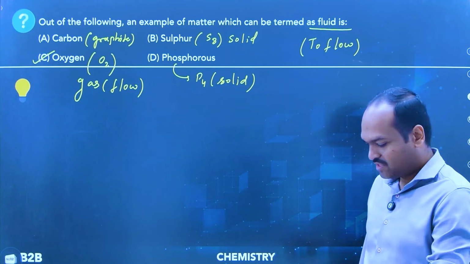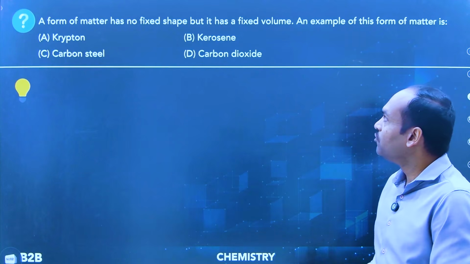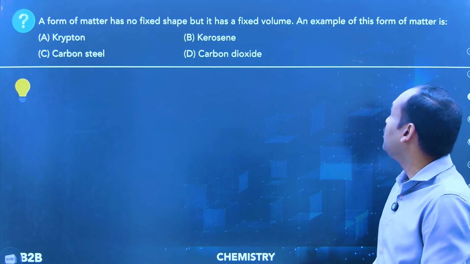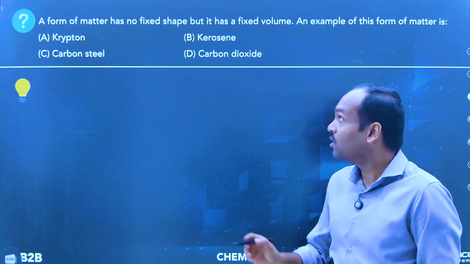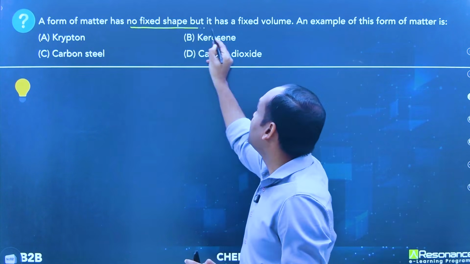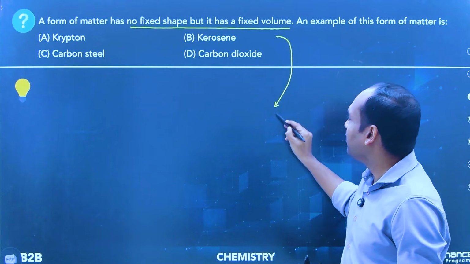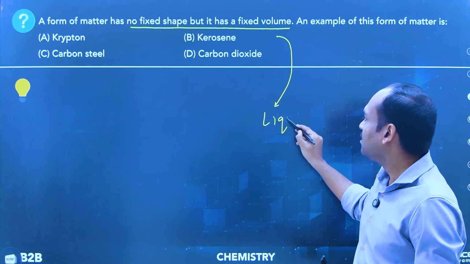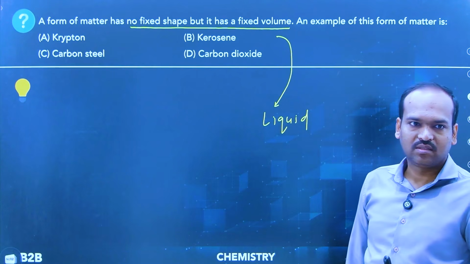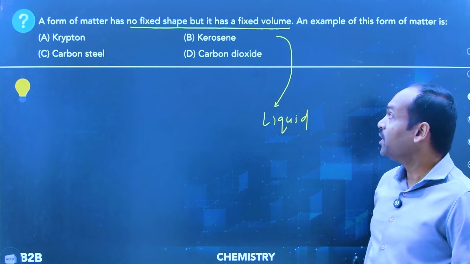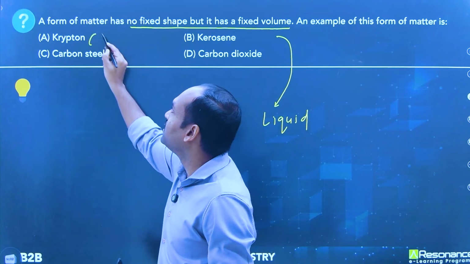Clear? Next. A form of matter that has no fixed shape but it has a fixed volume. Example of this form of matter. No fixed shape but fixed volume. Can I say this is the unique property for a liquid? Krypton, the elemental symbol of krypton is Kr.